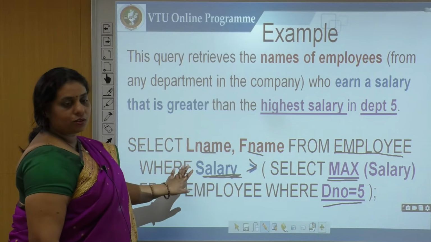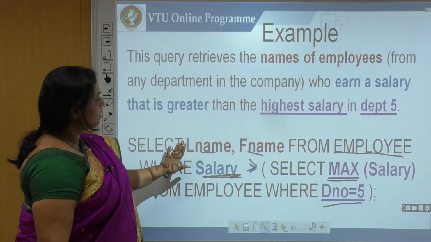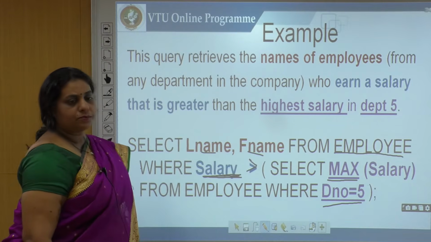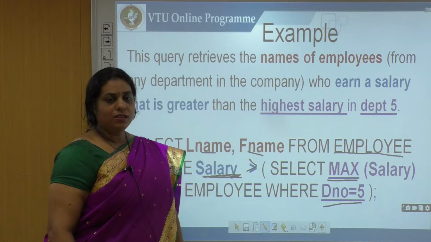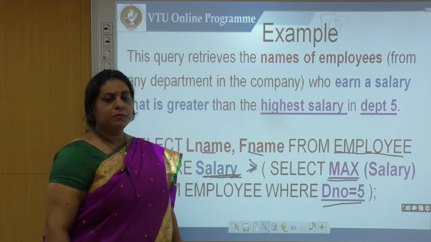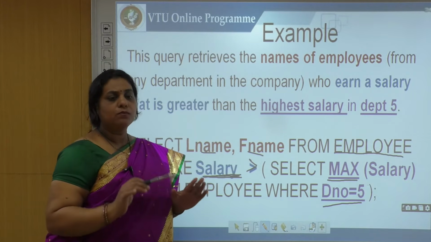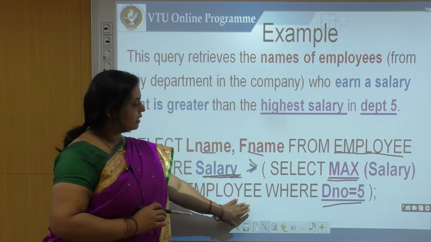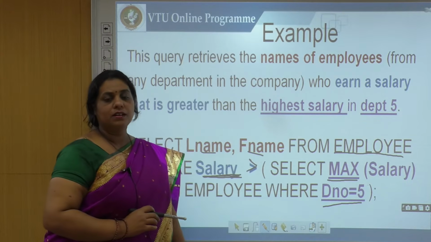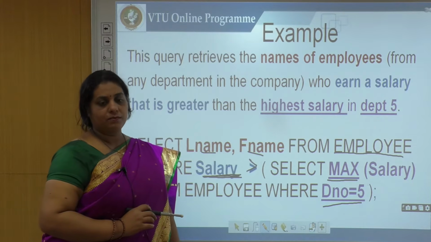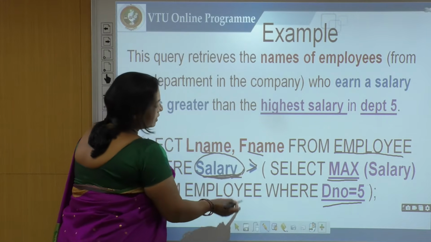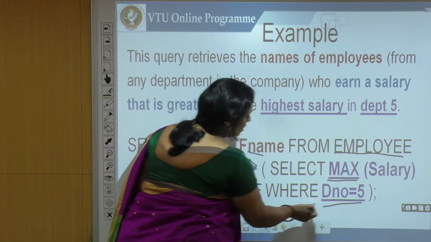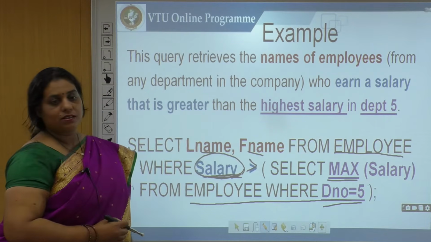So what this query is talking about, we want the list of the last name and first name of the employees from any department, but they should earn more than the highest salary that is paid in department number 5. Now this salary will be cross verified with the output that I will get from the inner query here.